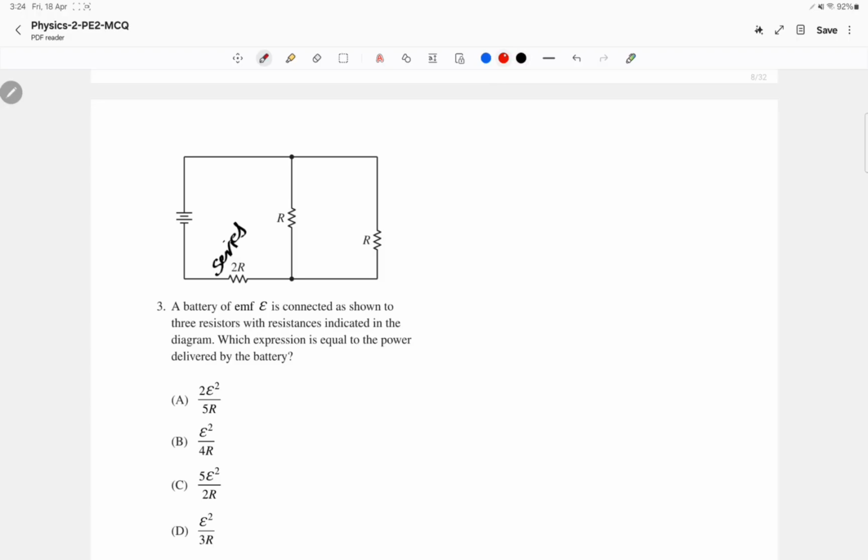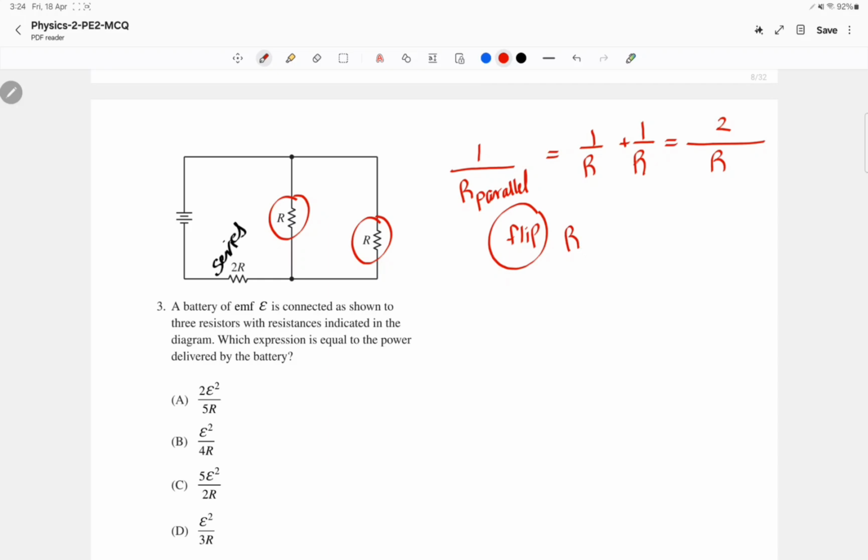And that would be this R and this R. So we're going to say 1 over R parallel is 1 over R plus 1 over R. So combine them, you get 2 over R. We must now flip it. So R parallel is simply going to be R over 2.